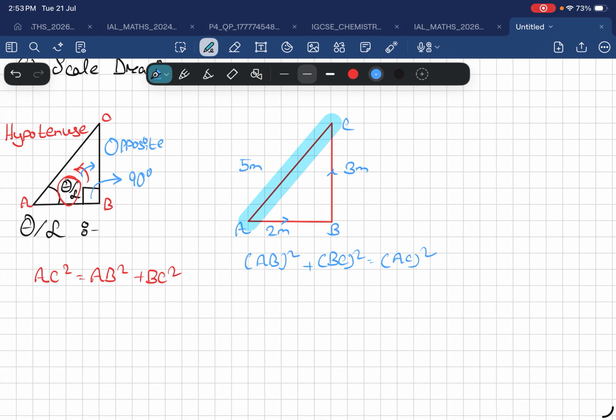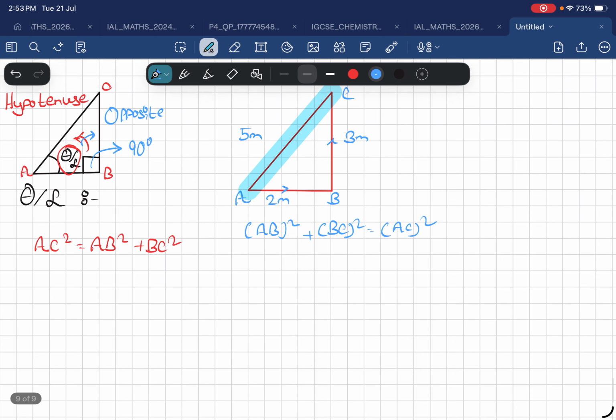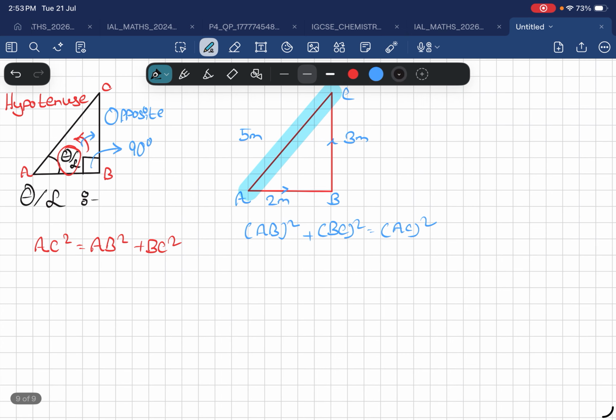And the other side, which is remaining, I mean this one, we call the adjacent.